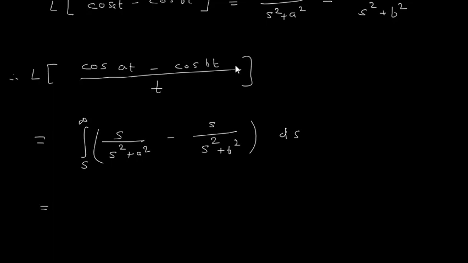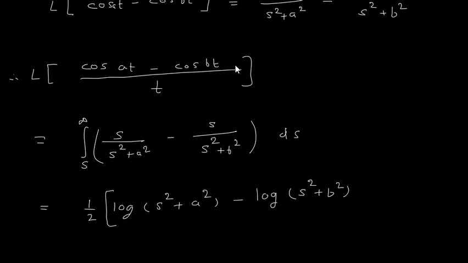Now to integrate it, the derivative of s^2+a^2 is 2s, so I will multiply and divide by 2. Here I will get 1/2 log of (s^2+a^2) minus 1/2 log of (s^2+b^2), and the limit is s to infinity.